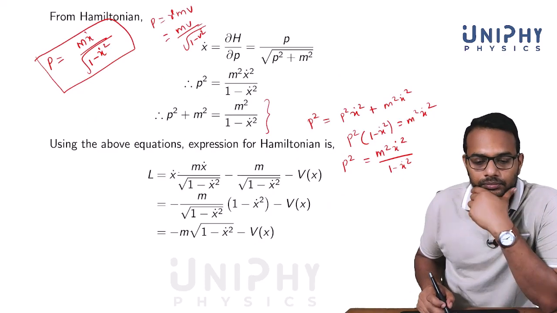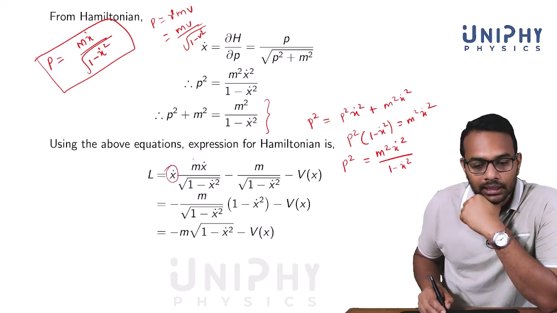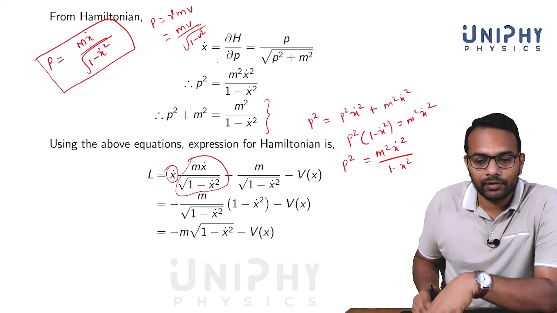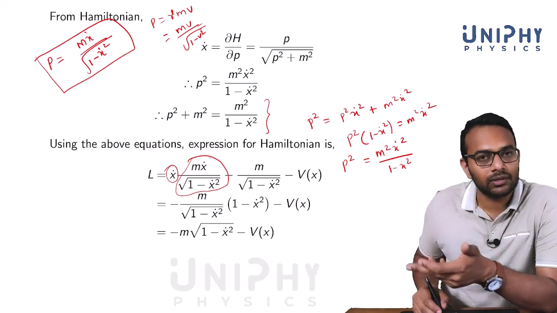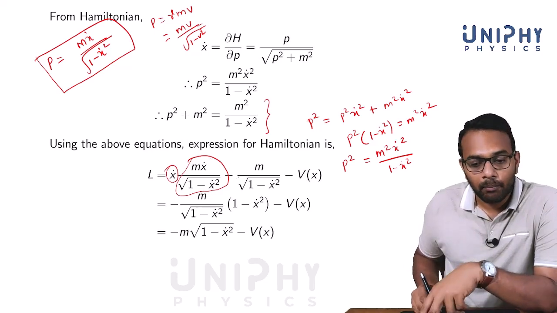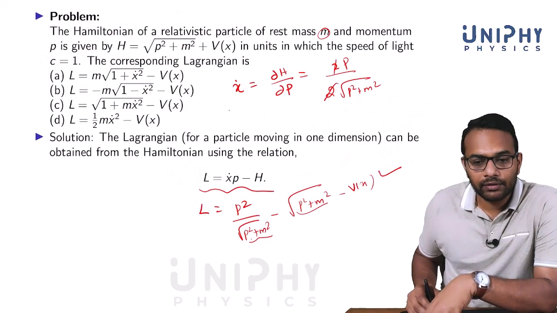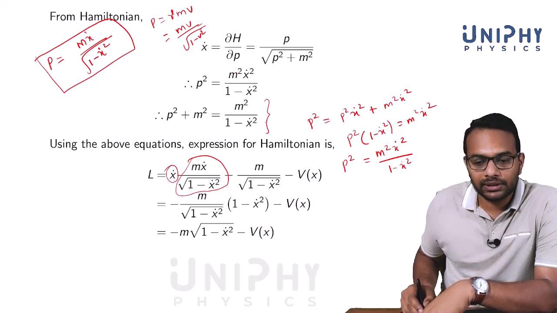So we substituted. This is x dot p. I have substituted here; we have found p, so we can find x dot p. p is m x dot divided by square root of 1 minus x dot square, minus, and what do we have here? We have square root of p square plus m square.